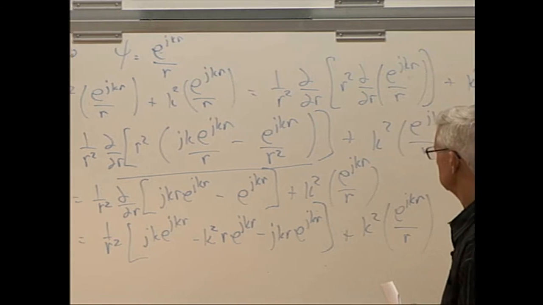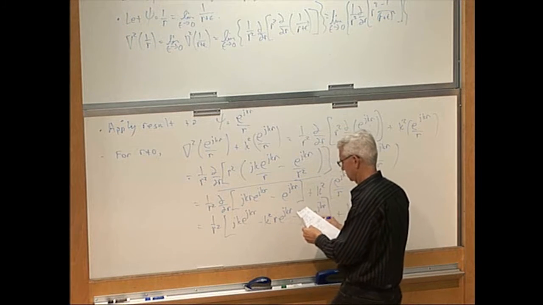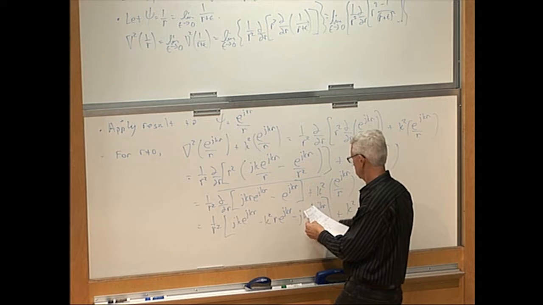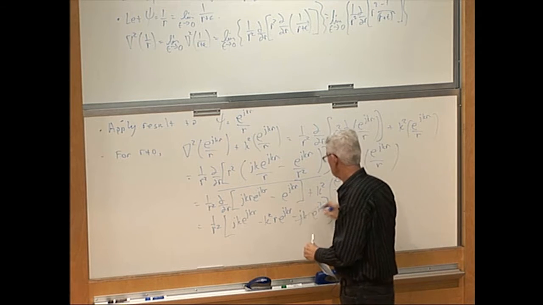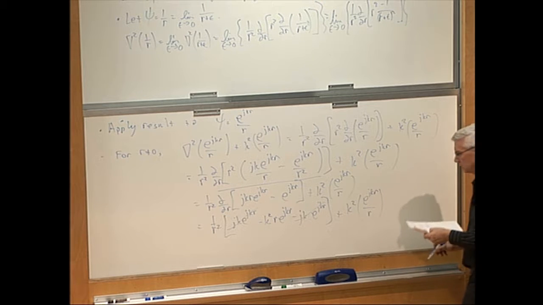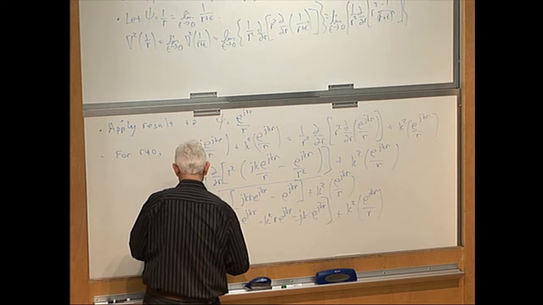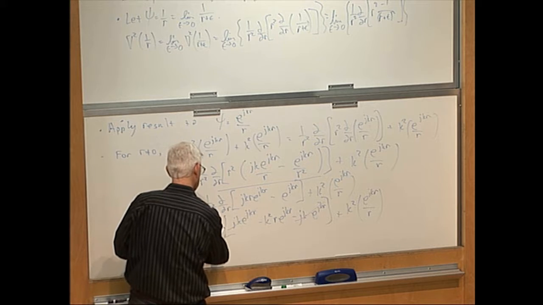All right, so let's look here. I think this should not have an r in it. Yeah, that was a mistake, sorry. Okay, so we have jk and minus jk. Those guys cancel. And so we have 1 over r squared times minus k squared r e to the jkr.